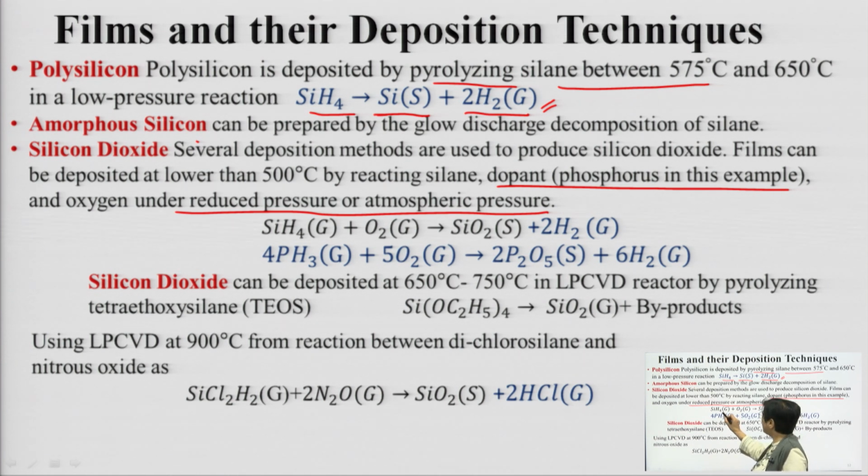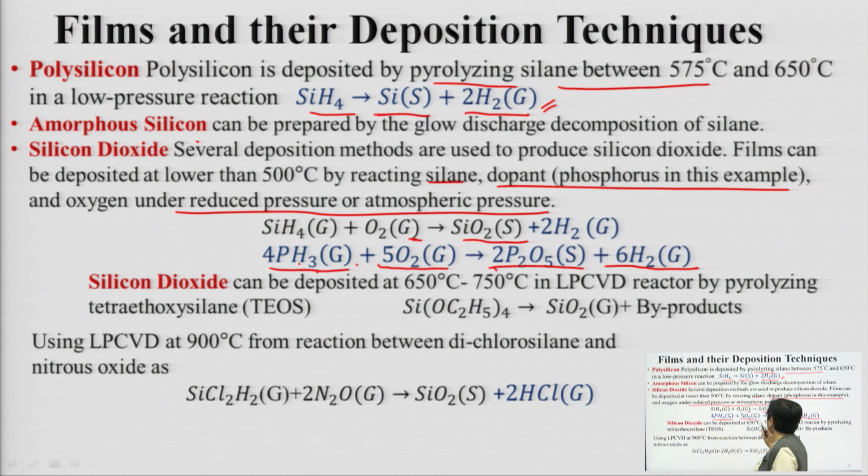You can have SiH4 reacting with oxygen giving silicon dioxide and hydrogen. With phosphorus, 4PH3 can be added as the dopant, plus 5O2 can give you 2P2O5 and 6H2.